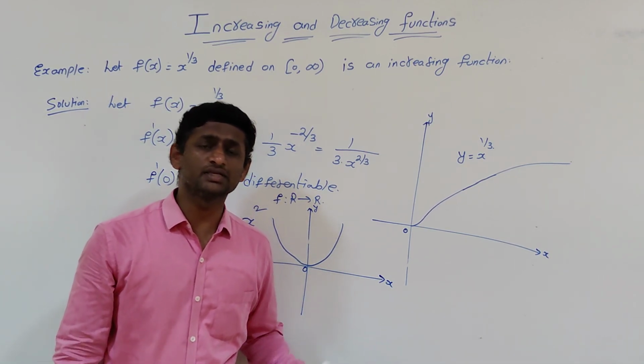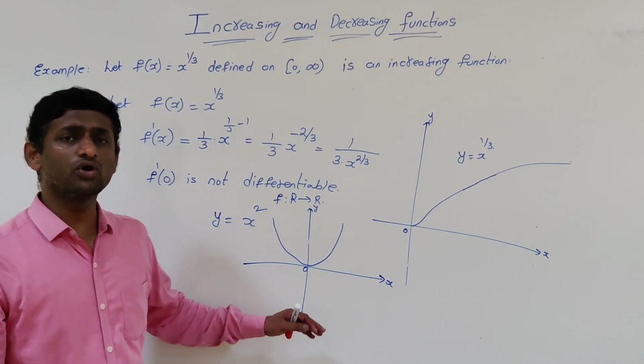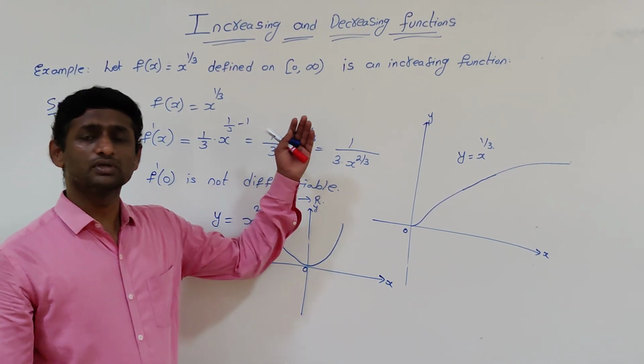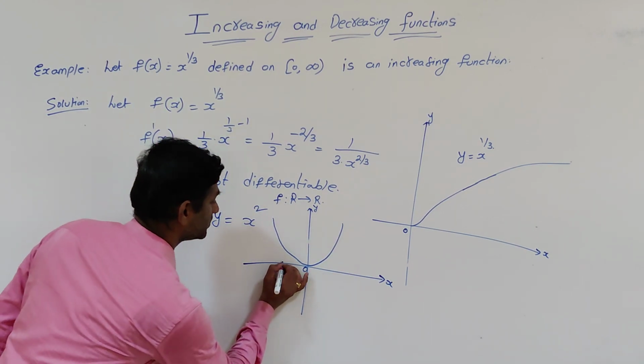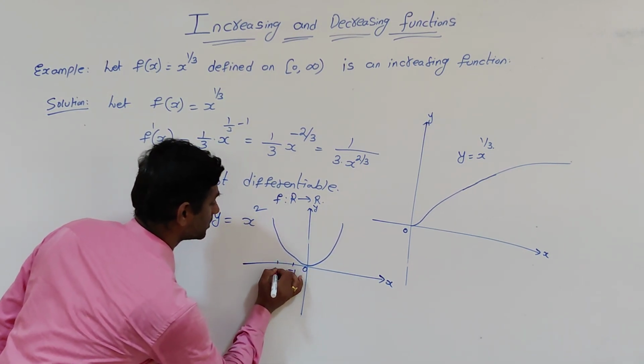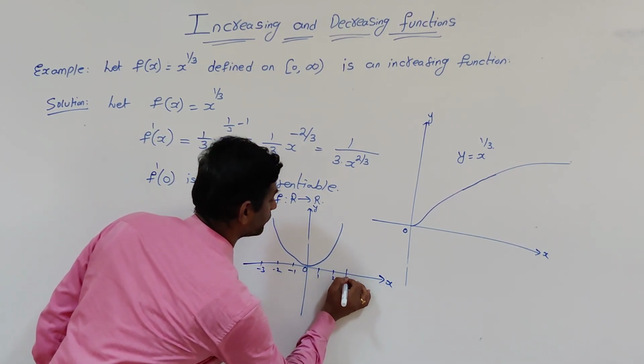Either it is an increasing function or a decreasing function. So if we consider the statements of an increasing and decreasing function, suppose this is minus 1 or minus 2 or minus 3, and 1, 2, 3.